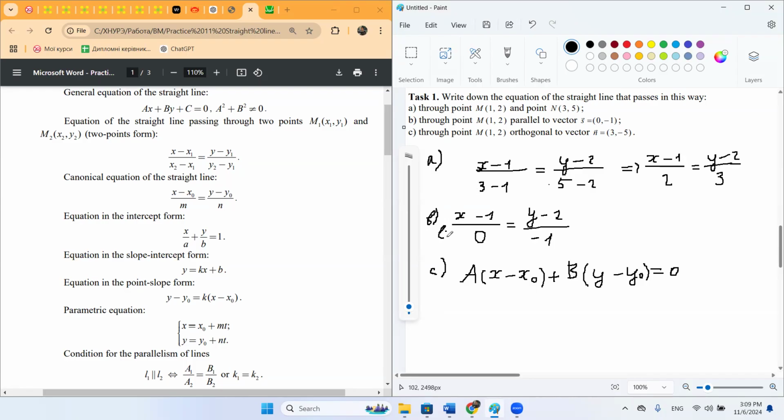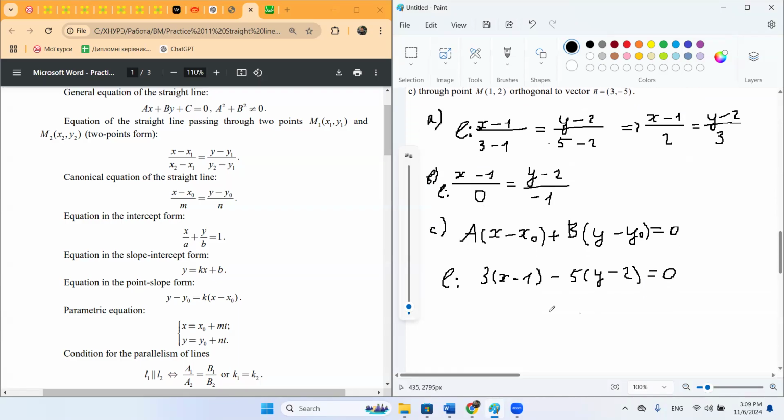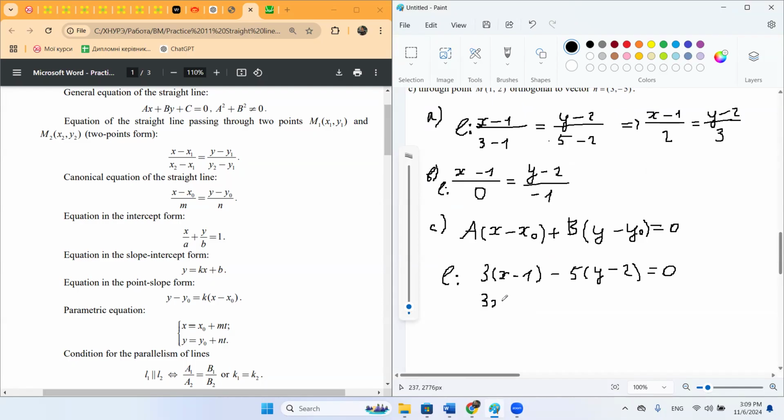By the way, let's write it also like this: L, so 3 times (x minus 1) minus 5 times (y minus 2) equals 0. And if we expand the brackets, we will get the final general equation. So let's do it.